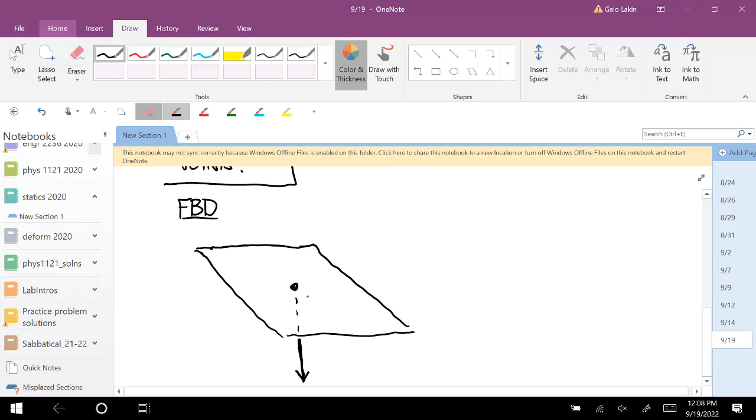We have a cable tension acting on the plate going towards the wall. And now the joints, these two pin joints. So these are the complicated ones.